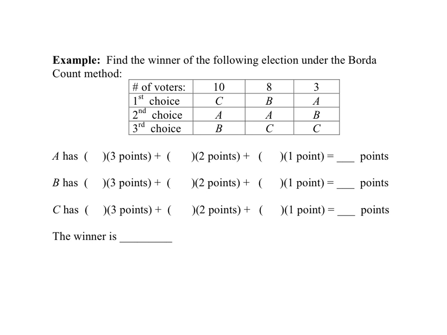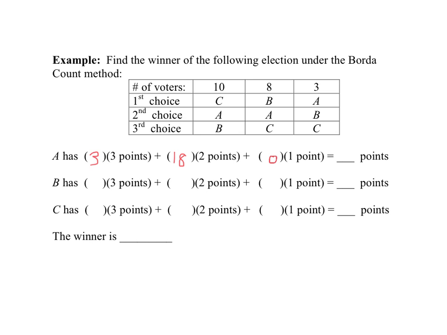Now, A has a certain number of first choice votes, a certain number of second choice votes, and a certain number of third choice votes. We will fill those in. So A has a total of 3 first choice votes, a total of 18 second choice votes, right? This is a total of 18 second choice votes right here, and then 0 third choice votes.